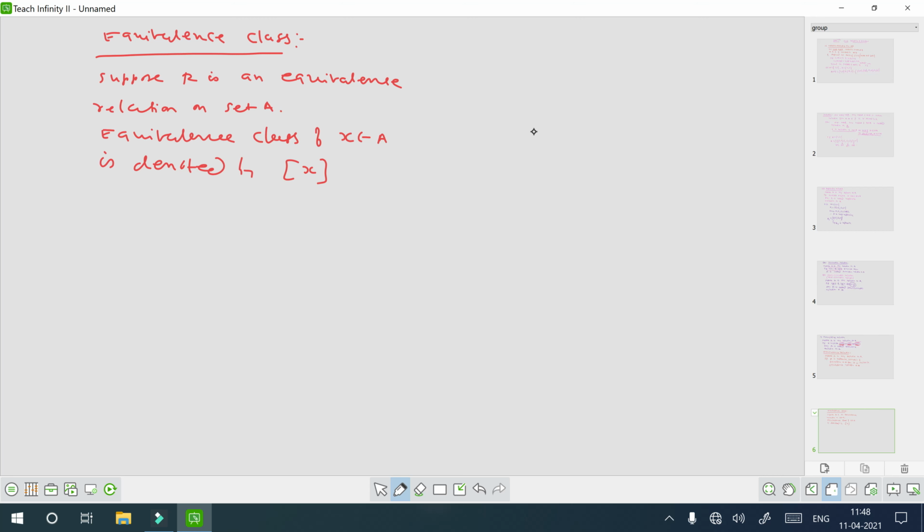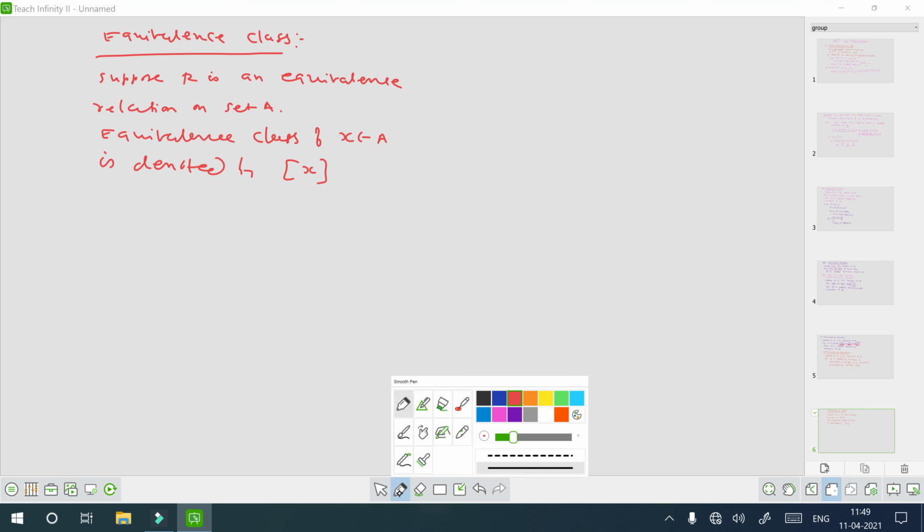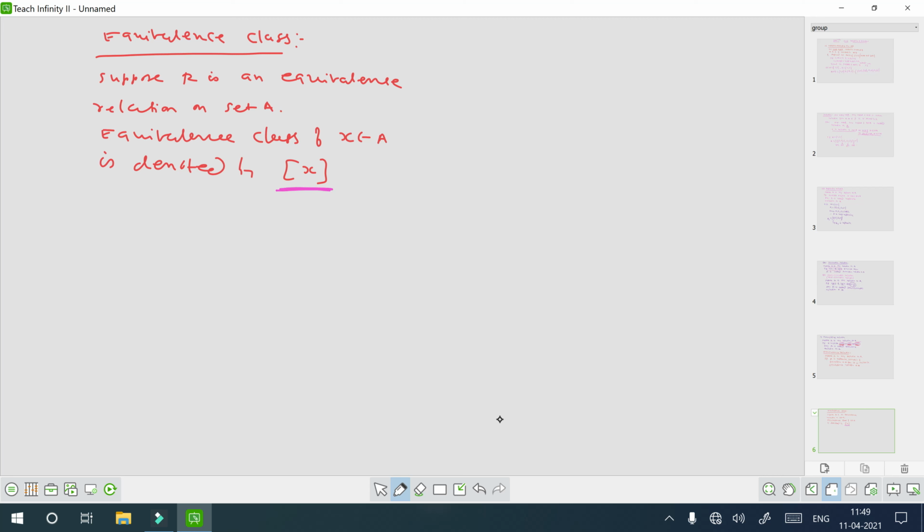So, as far as chapter 1 relation and function is concerned, square bracket x stands for equivalence class and is defined as all those elements of set A such that they are related with x. This is the equivalence class, and that thing we find only when the given relation is an equivalence relation. Clear?